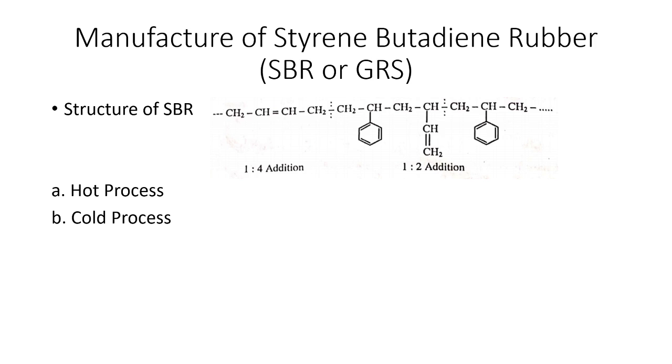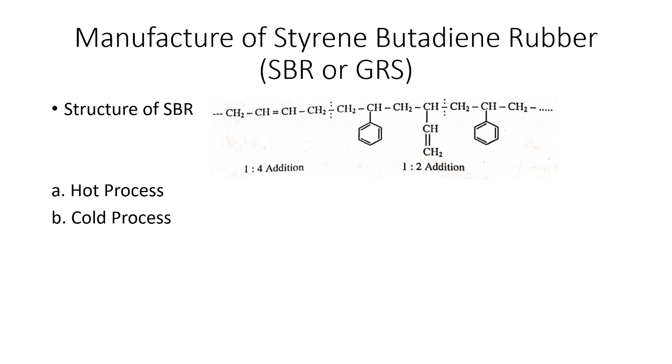So because of these properties, its uses are: hot SBR is used for floor tiles, coated fabrics, soles, and for increasing impact strength of plastic. Cold rubber is used for car tires, footwear, belts, carpet backing compounds, and adhesives.